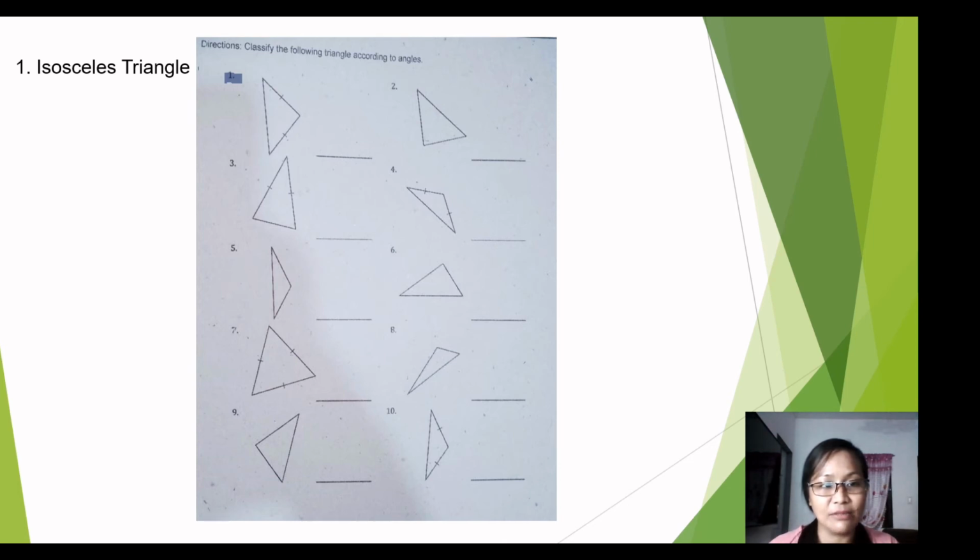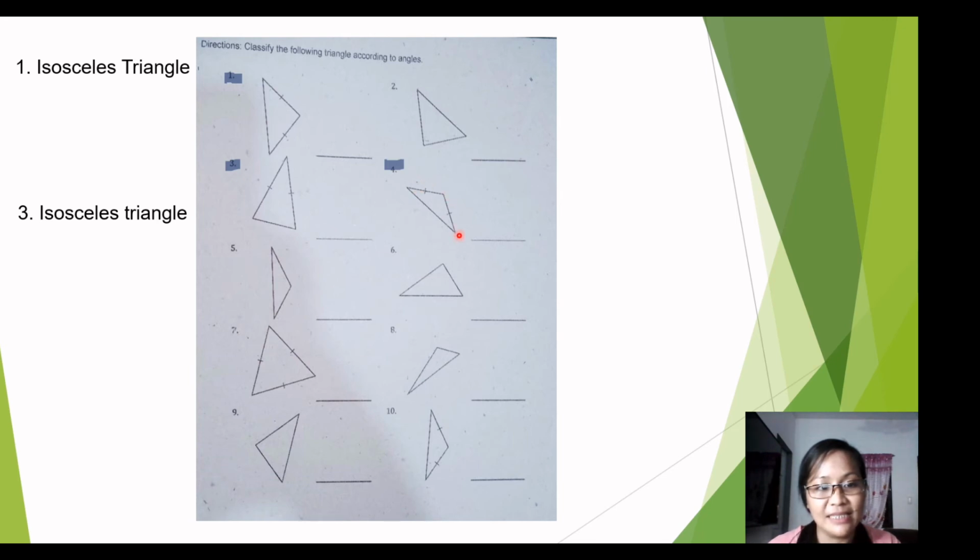Next, let's look for another isosceles triangle. Number 3, the same. This side and this side are congruent because we have this line and this line that symbolize congruent. So number 3 is an isosceles triangle. Another, we have number 4.